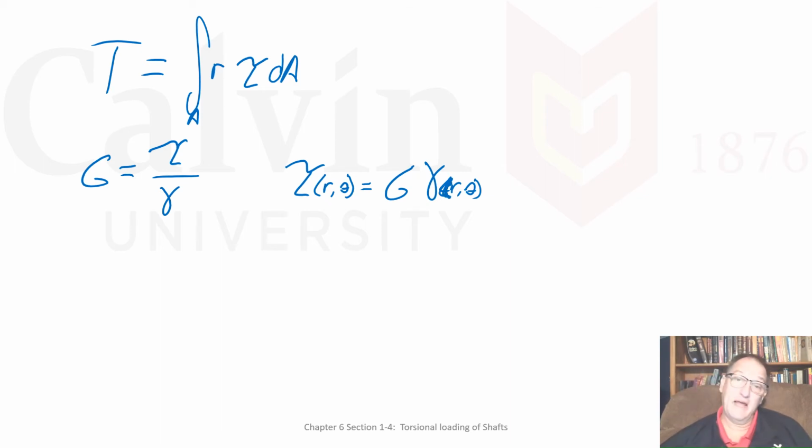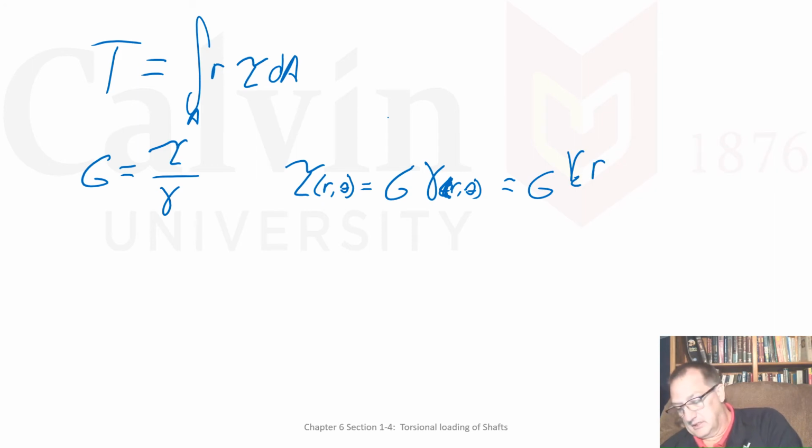So what did we have for our shear equation? Our shear as a function of R is equal to the shear at the extreme fiber times the radius divided by C. Now I am in a position that I can drop that in and start integrating.